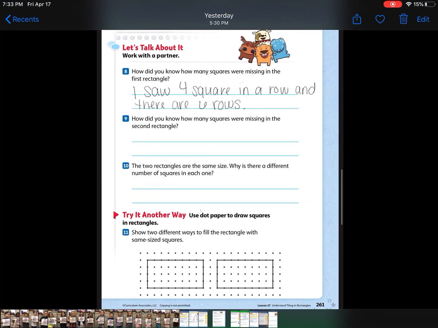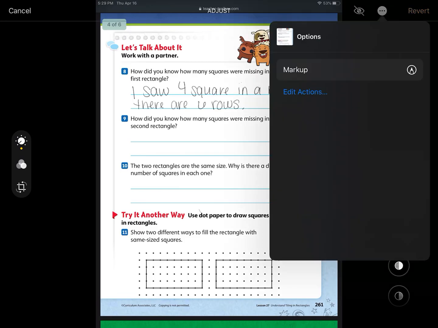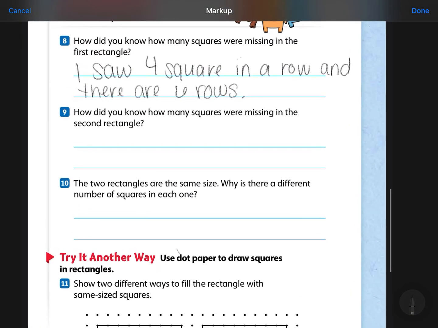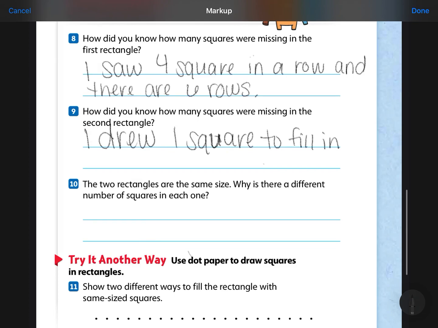So the answer that we're going to put for that one is: I drew 1 square to fill in the left column.